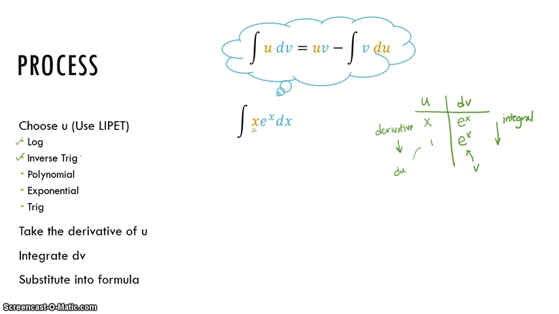All right. Now we're going to substitute what we have into our formula. So we're starting with this integral, x e to the x dx, which is equal to u times v. Well, u is x, and v is e to the x.